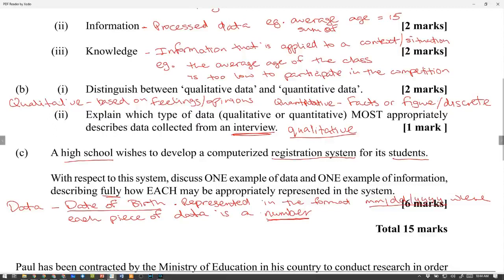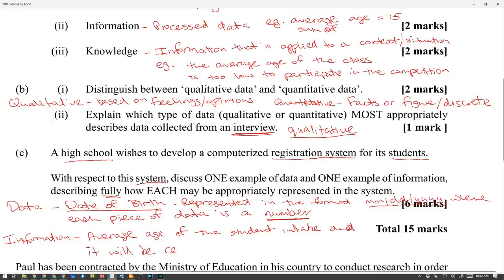Okay. All right. Information. So the information that the system could produce will be, let's say, the average of the student intake, and it will be represented as a number with 2 decimal points because it's an average.